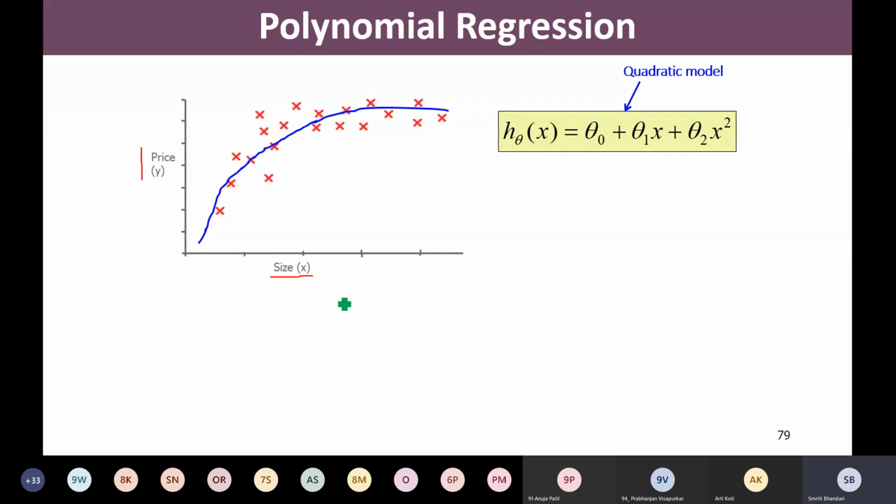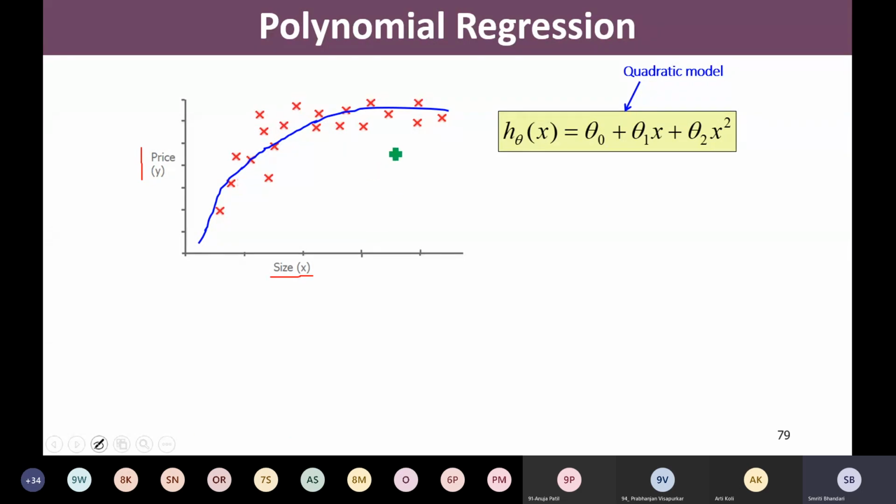right? So earlier we tried to fit a line, but now if we compare the line fitting with this quadratic model, which is better? Yes, which is a better fit, whether a line or a quadratic model like this? Quadratic model.